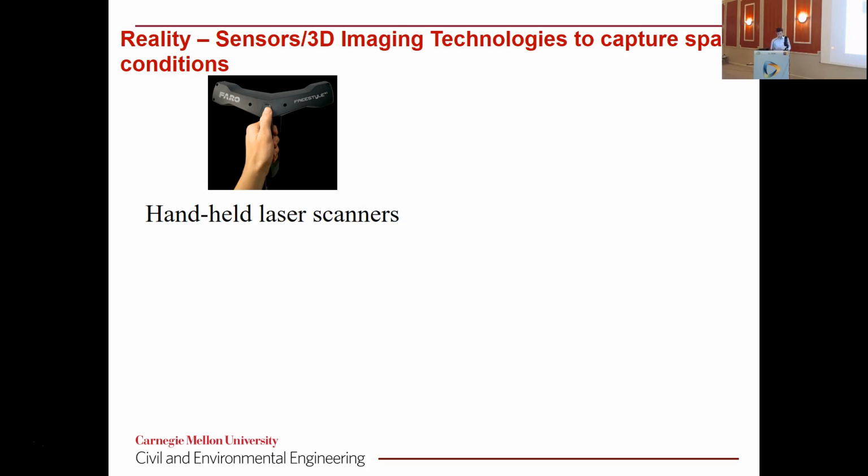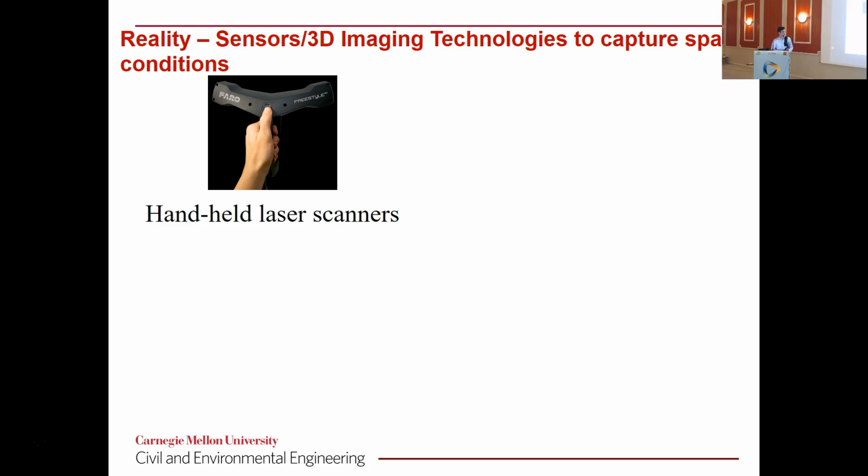So, first let me talk about the 3D spatial technologies that exist at present. Recent improvements in 3D laser scanning technology have enabled accurate capturing of existing spatial conditions using point clouds. There are a few alternatives, and each has its own unique set of specifications that it is optimally oriented for.